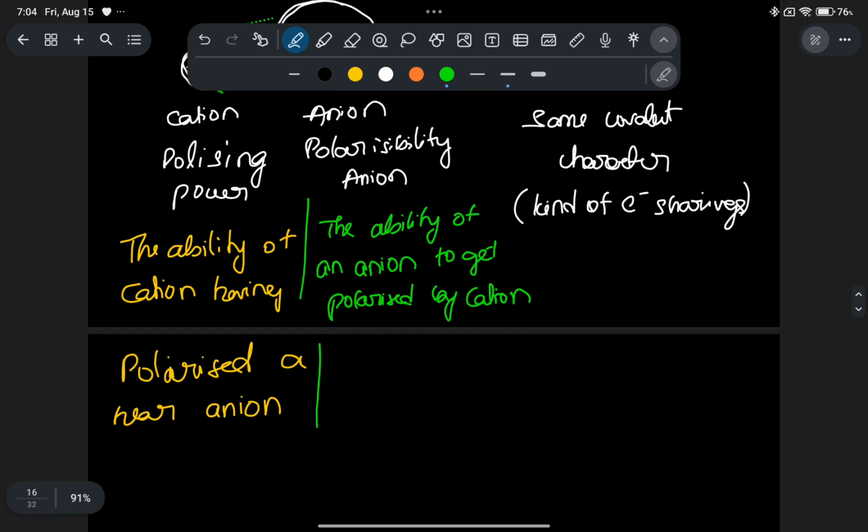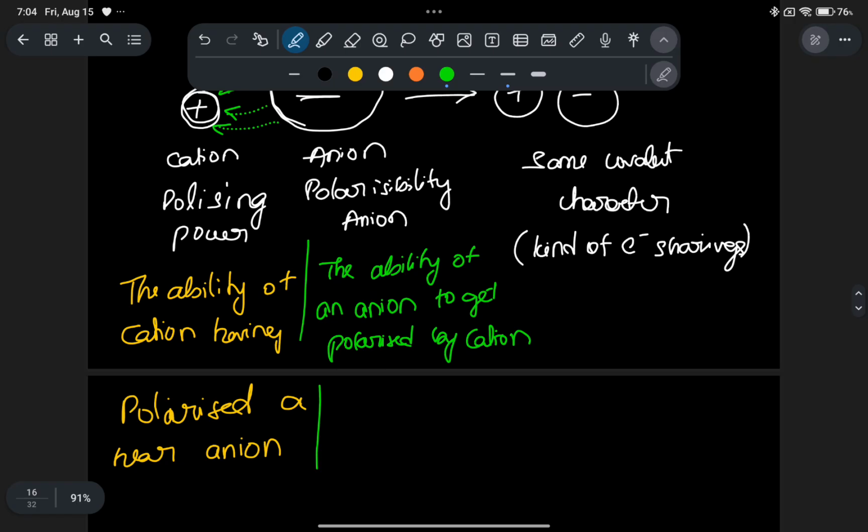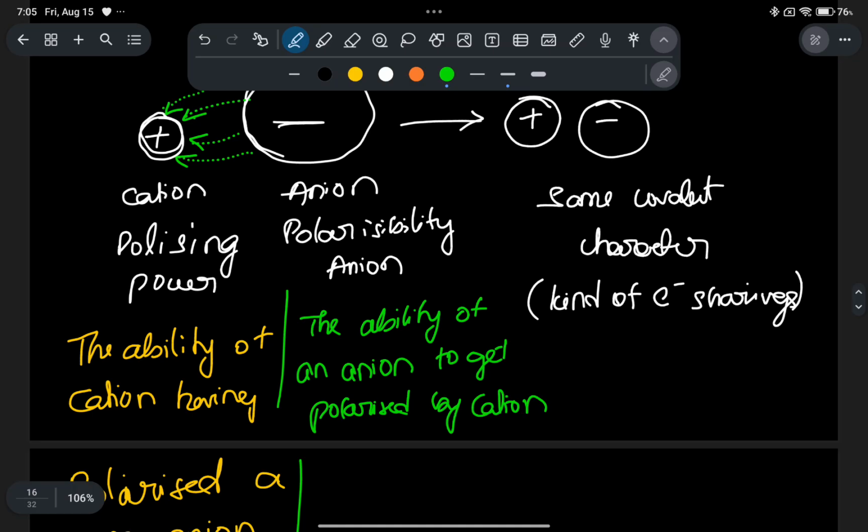By this you can understand that the cation is polarizing the anion, and the anion is getting polarized by the cation.